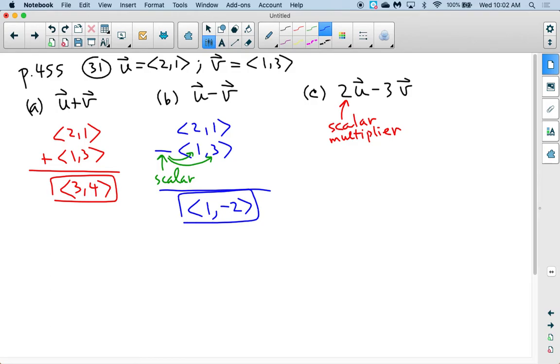Okay, in the final case here, 2u minus 3v. I think you probably can see what's going to happen here. The 2 and the 3 just lengthen both components.